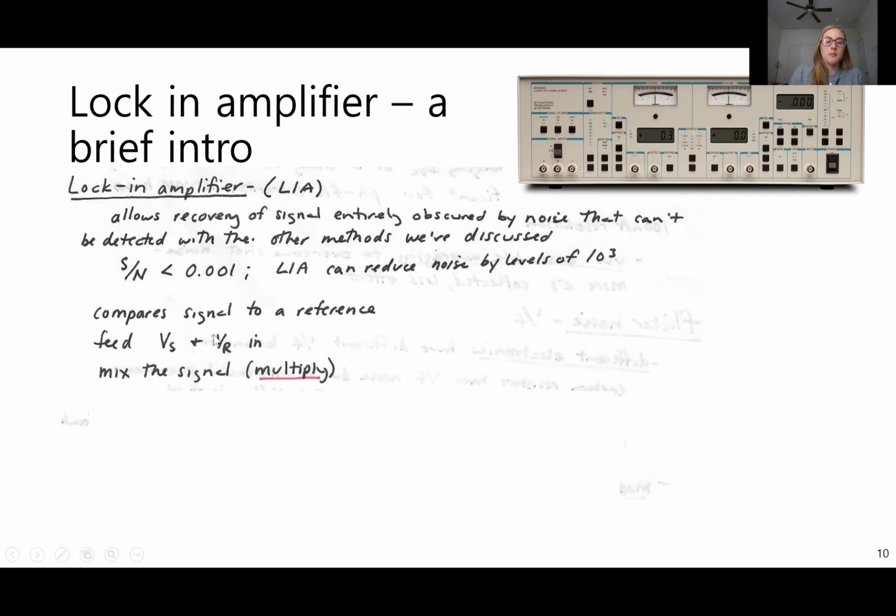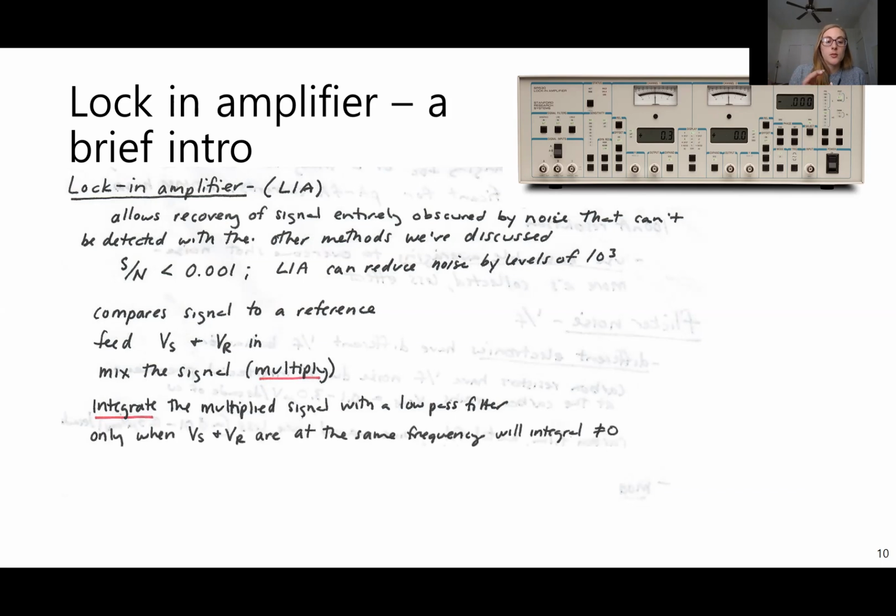The reference signal is typically provided by the lock-in amplifier itself at a certain frequency, and you mix these signals together. So the first thing you do is multiply them. Then you integrate those signals together with a low-pass filter. If you remember from Lab 3, the low-pass filter will integrate. When these two signals are at the same frequency, this integral will not equal 0.